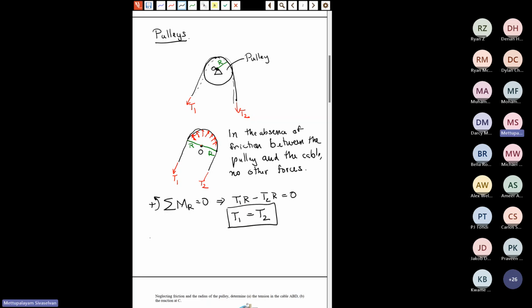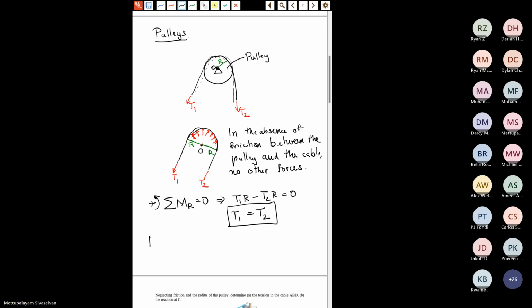So the conclusion is, if no friction, so in a frictionless pulley, the tension on either side is equal.